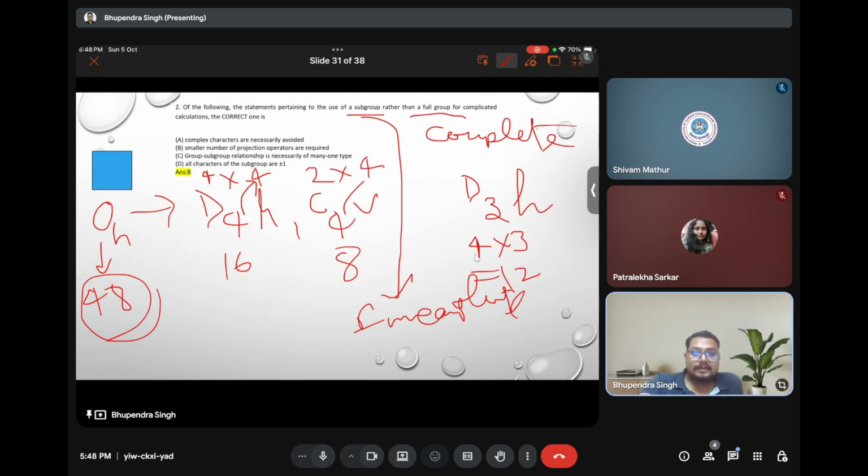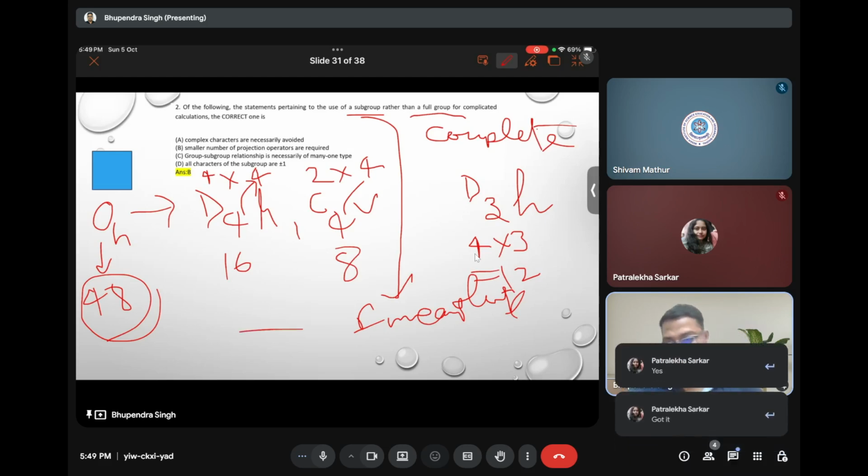Also, it is very time consuming. So that is why we find the subgroup of that point group and solve it, and then we extend it to find the correct answer. So that is why smaller number of projection operators are required. That should be the correct answer. Did you get it? Any questions? Yes, finally. Got it. Okay.